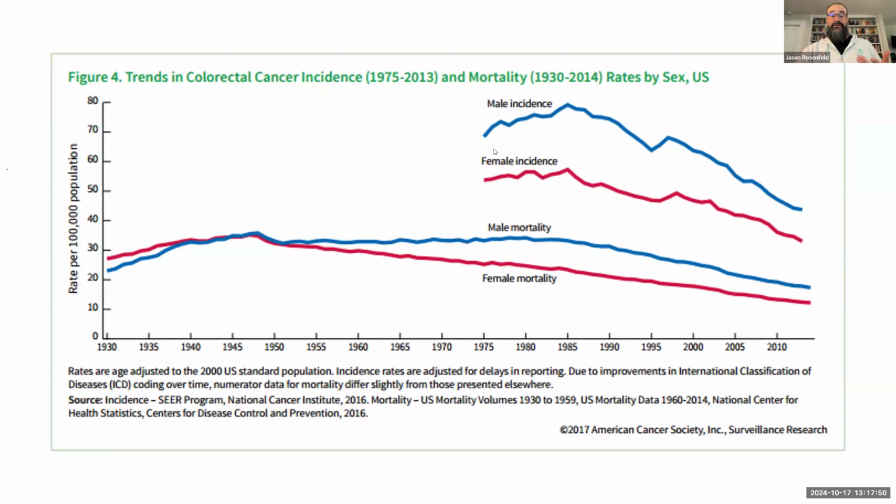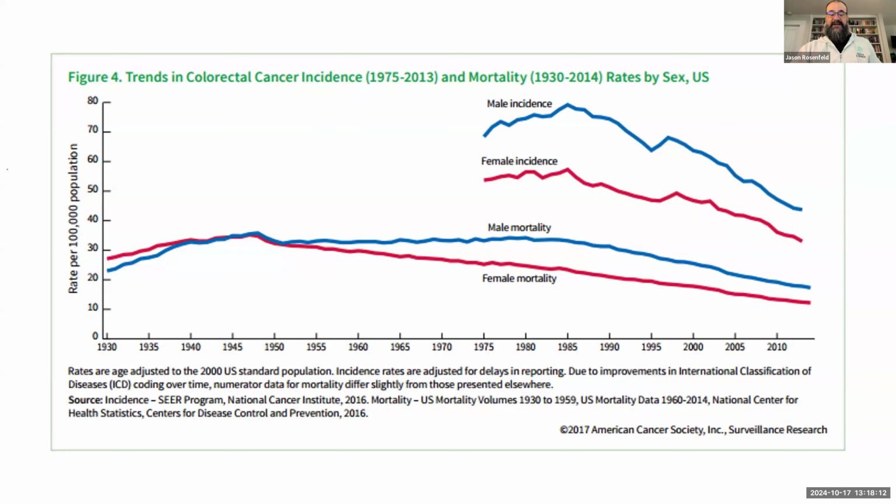And again, I think we generally know that men are at greater risk for colon cancer than women. And there's a lot of different reasons for that. But again, this is what's interesting to think about when you look at the data, and I'm glad that they put incidence and mortality together because it gives you that holistic picture of what was going on.